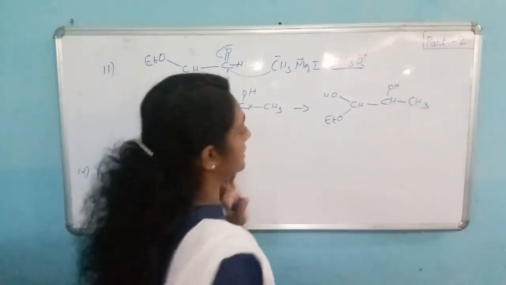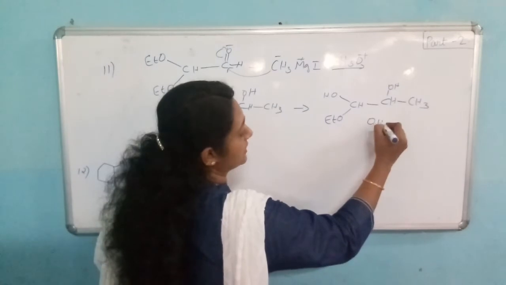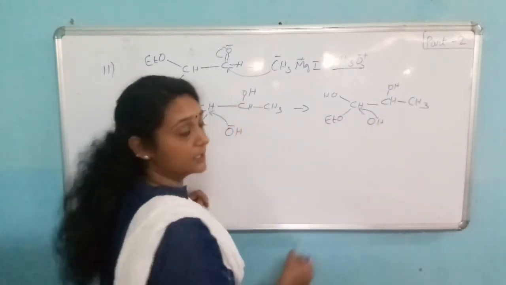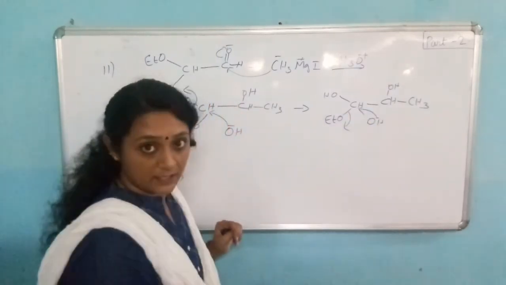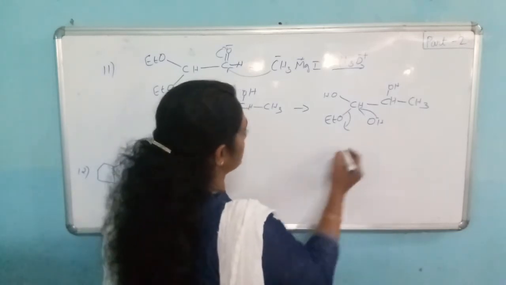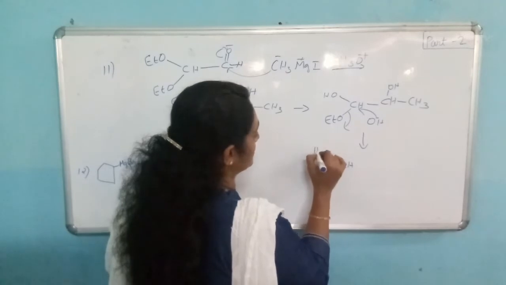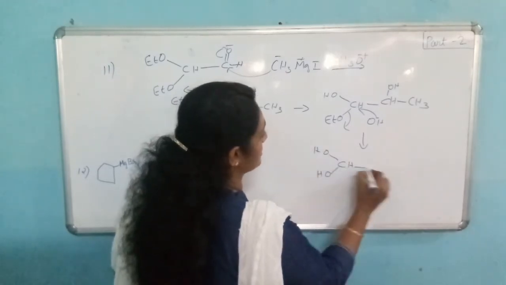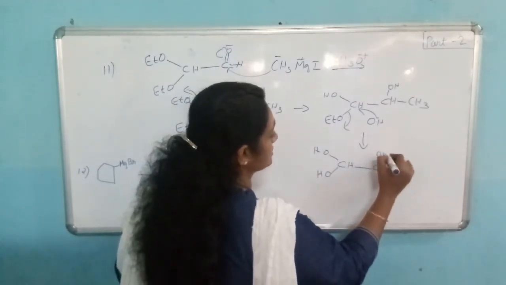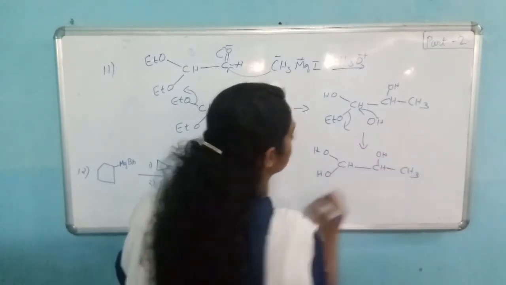Again OH minus attacks the carbon, and this group leaves, and we get CH(OH)(OH)CH(OH)CH.